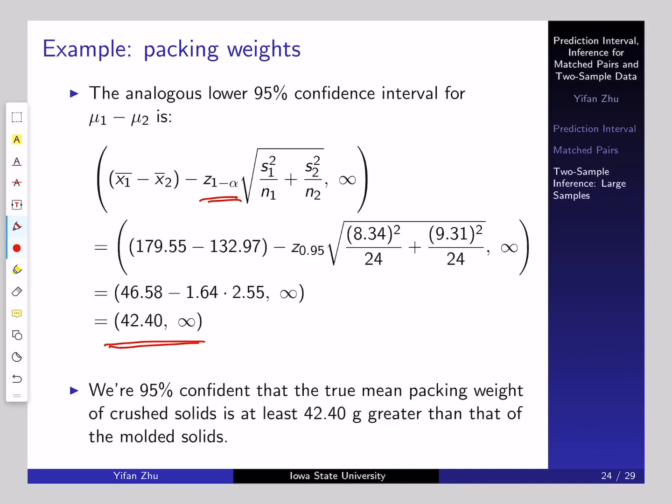So we say that we are 95% confident that the true mean packing weight of crushed solids is at least 42.4 greater than that of the molded solid. This is how you interpret the confidence interval for the difference.